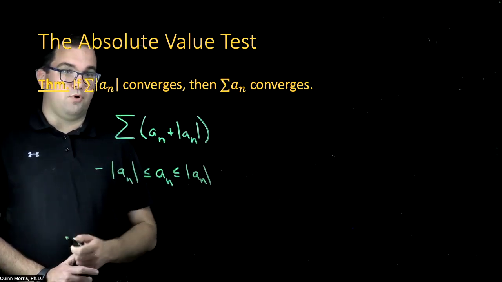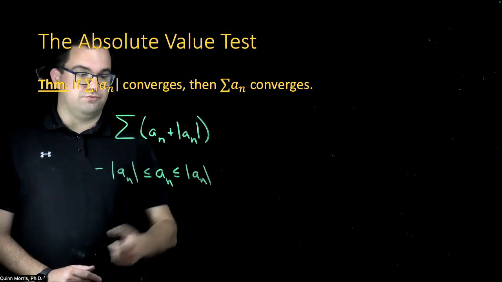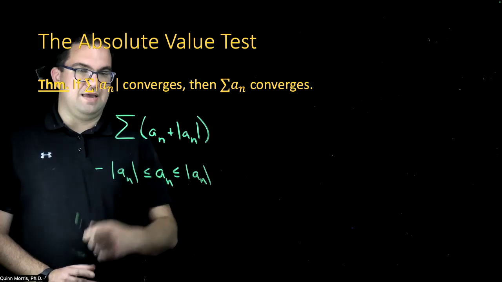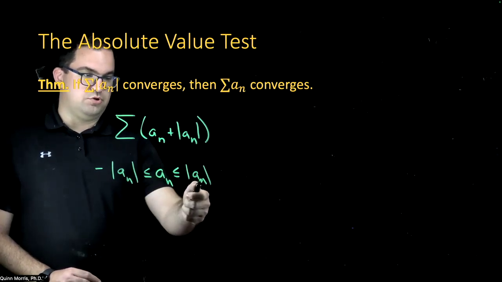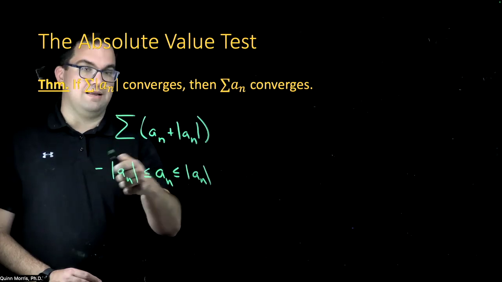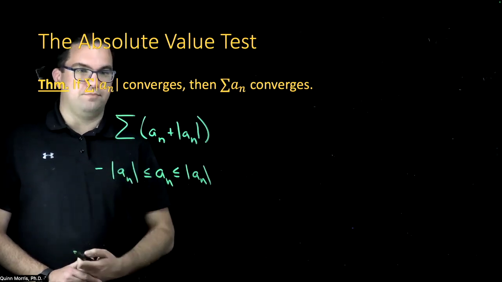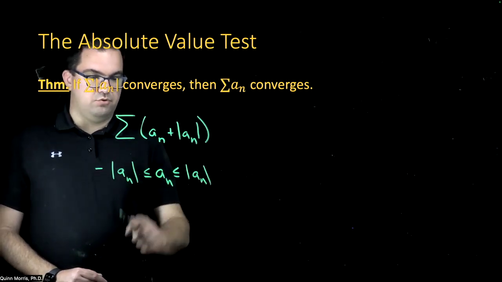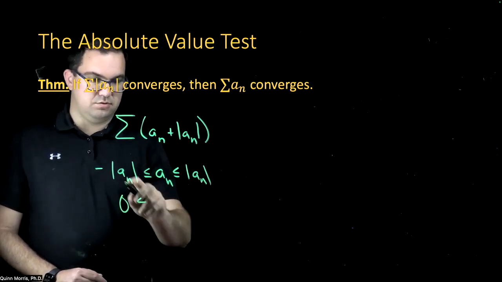This is just a property of the absolute values of real numbers. Essentially, it's always equal to one of these, right? So if a_n is 4, then it's equal to positive its absolute value. If a_n is -4, it's equal to negative the absolute value of -4.